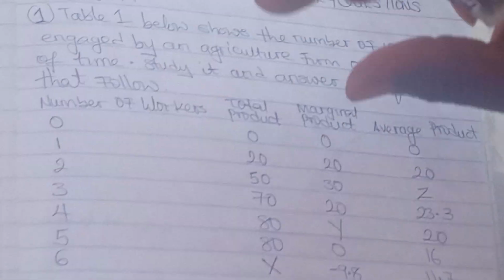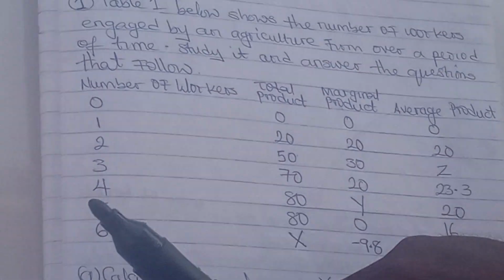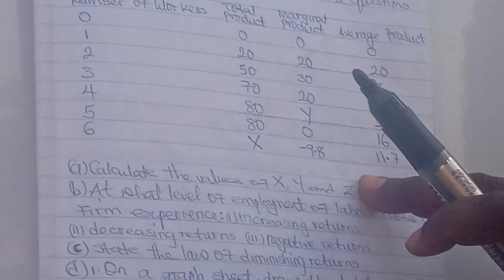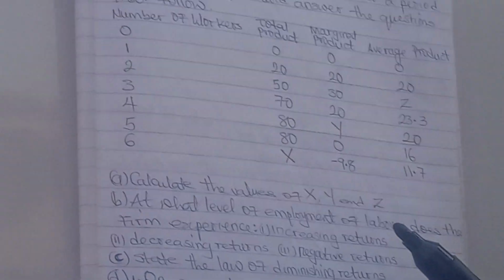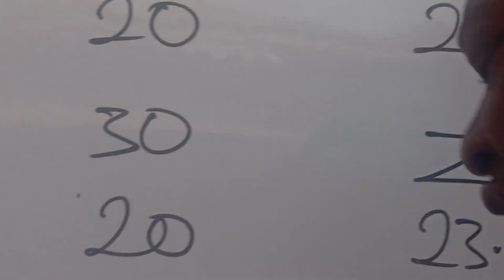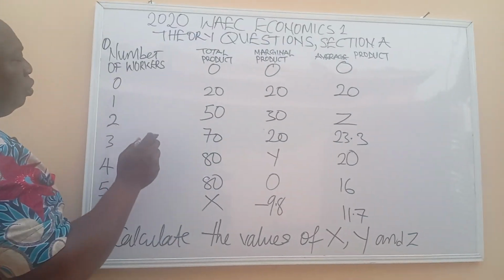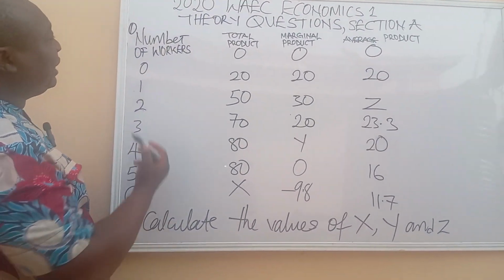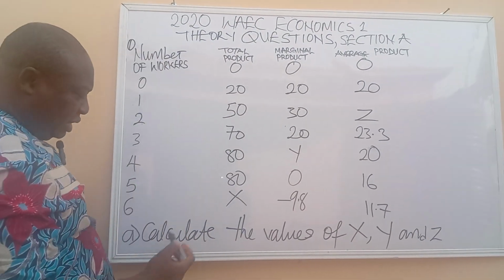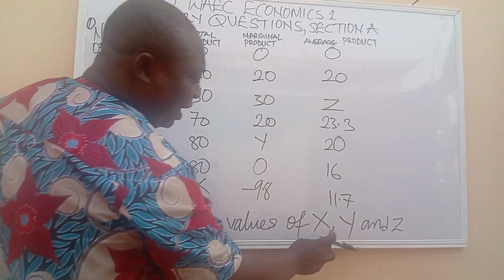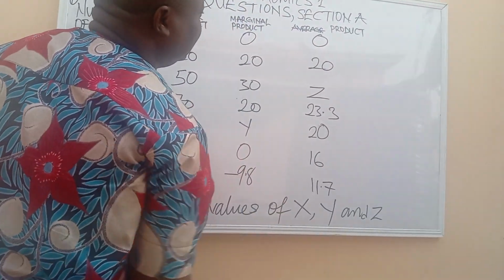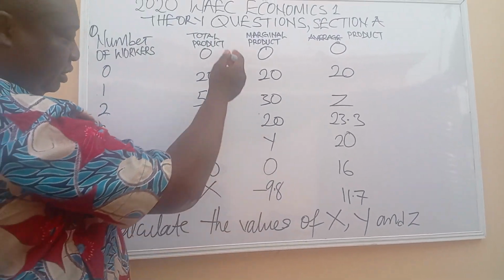Look at the table. Then look at the first question: calculate the values of X, Y, and Z. So question 1A says calculate the values of X, Y, and Z. Where is X?